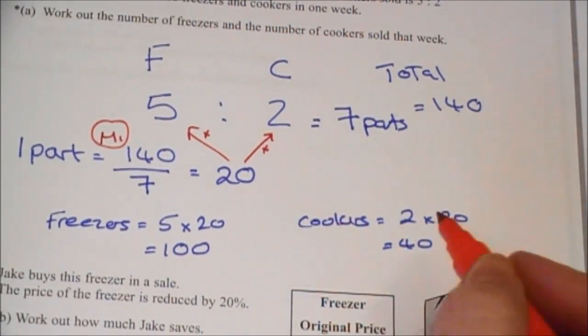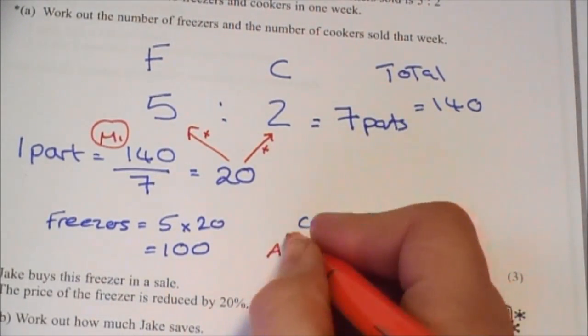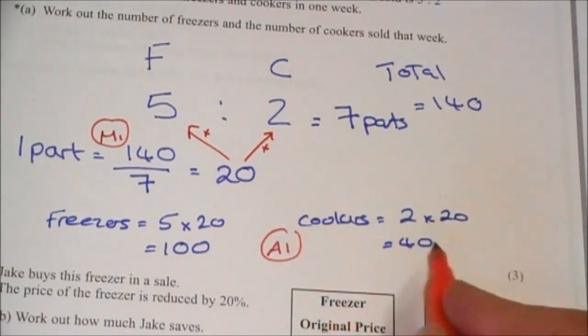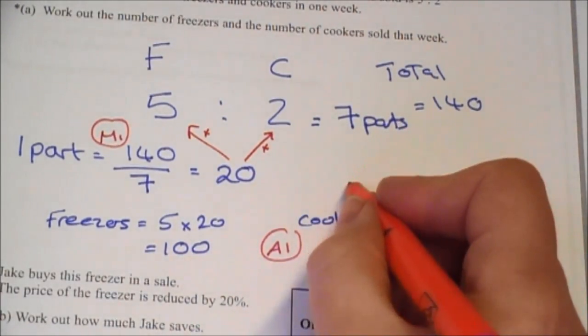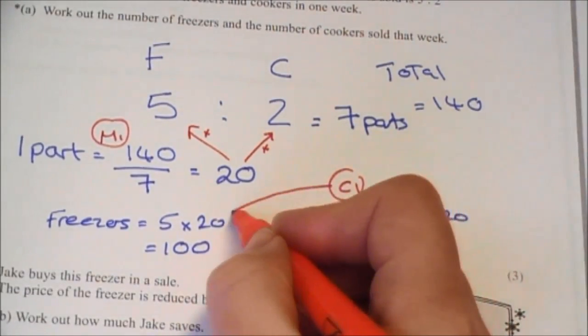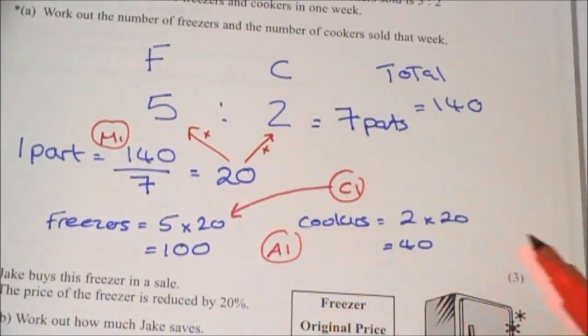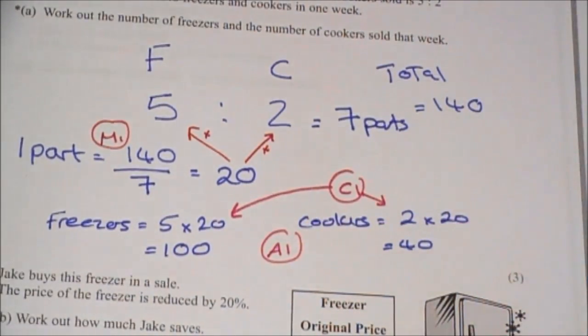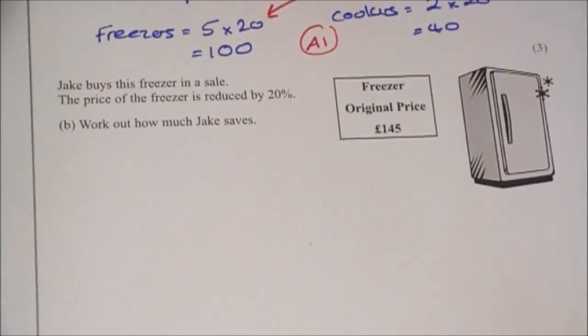The second mark is an answer mark that comes from having 100 and 40 as the 2 answers. And then the third mark is a communications mark, and that's for stating really clearly that the 100 links to the number of freezers and that the 40 links to the number of cookers.